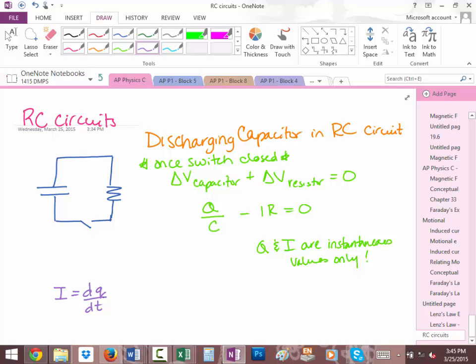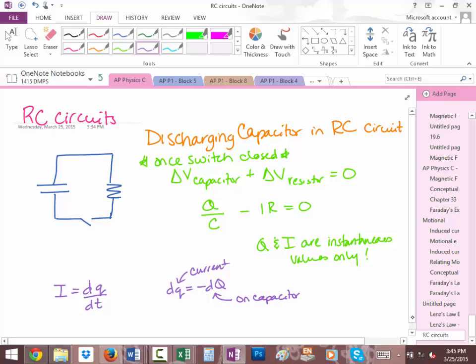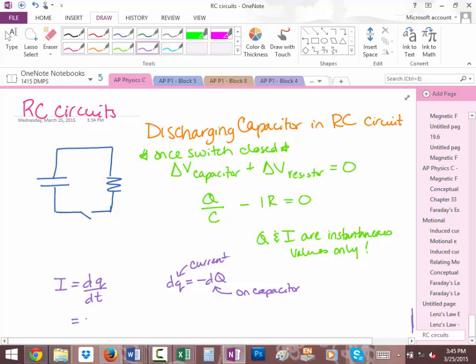And so one way to say that is that the dq in the current is equal to negative d, I'm going to write that as a capital Q, where this is the charge on the capacitor. So instead of writing that as d little q like we had done, we can write this as I is equal to negative dQ dt. And that's nice because then I can relate it to the big Q in that green equation there.